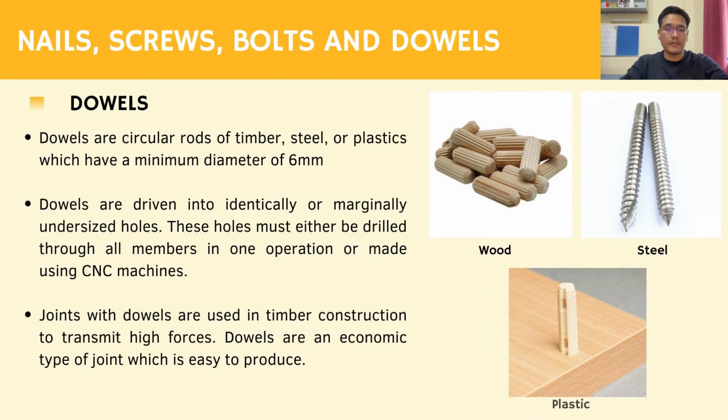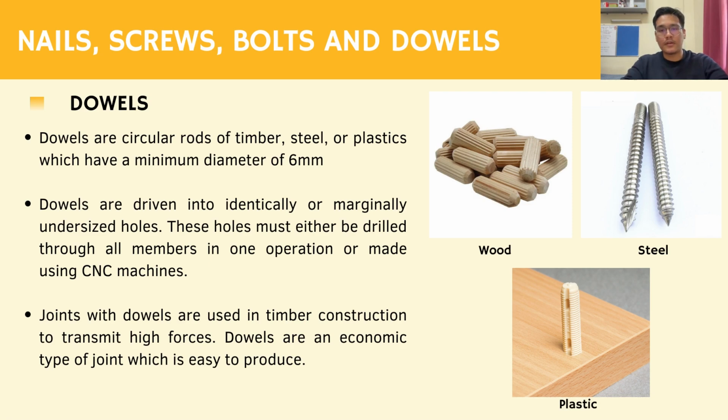Next, we have dowels. Dowels are circular rods of timber, steel, or even plastic, which have a minimum diameter of 6 millimeters. We commonly see these when assembling, for example, IKEA furniture, especially the wooden ones.